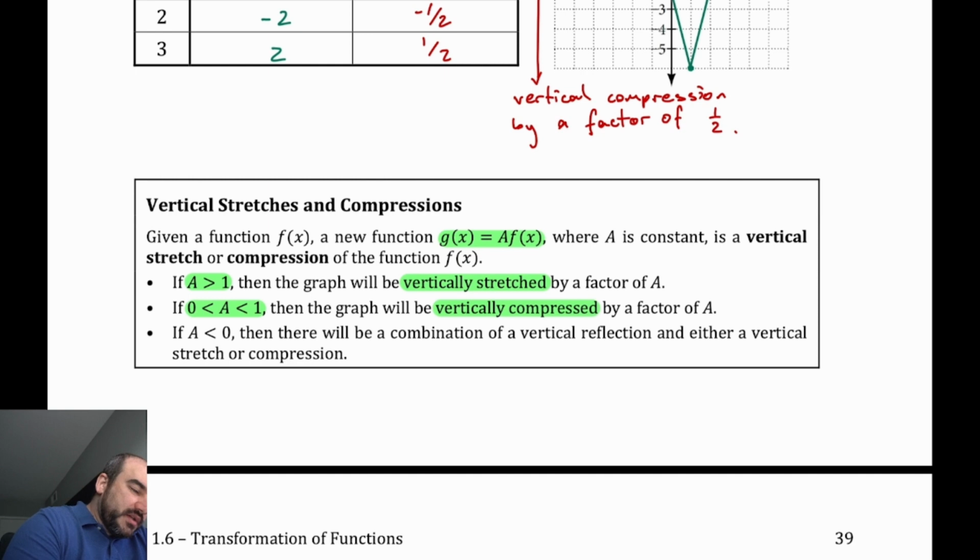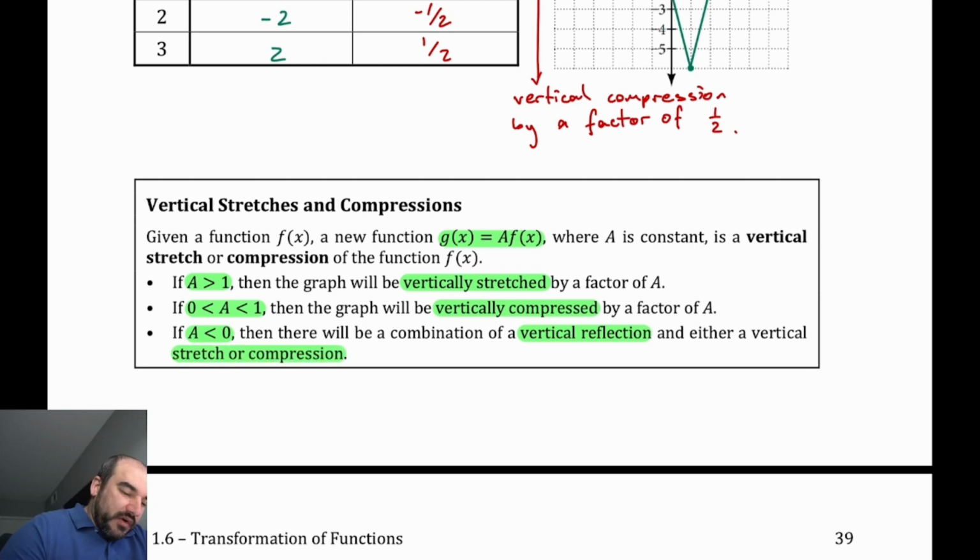So if a was negative, or less than 0, then there's a vertical reflection, and then depending on whether it's between 0 and -1, or less than -1, like -2, -3, we would have a vertical stretch or compression along with it.